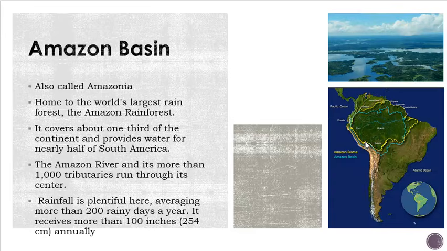It covers about 1/3 of the continent, and this basin provides water for nearly half of South America. The Amazon River and its more than 1,000 tributaries run through the basin's center. Rainfall is plenty here, and it averages more than 200 rainy days a year and approximately 100 inches of rain annually.